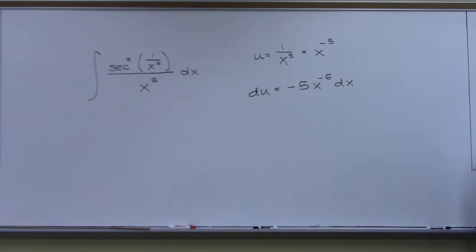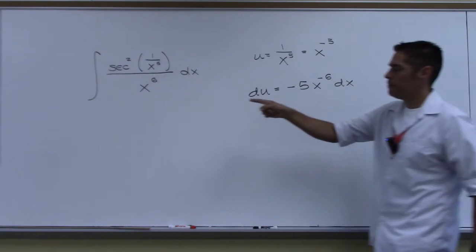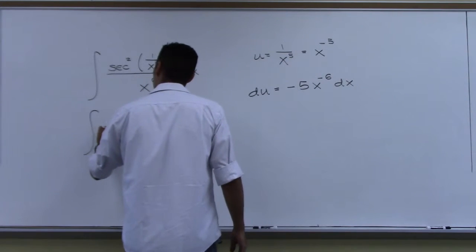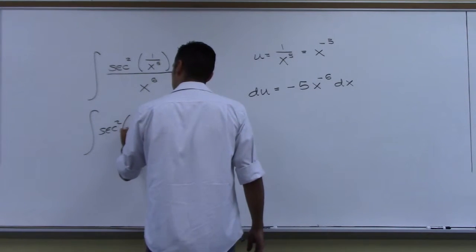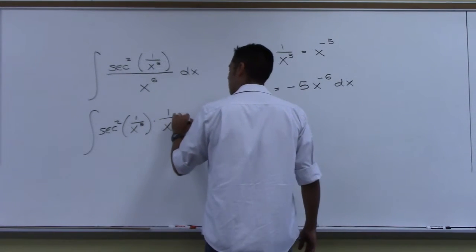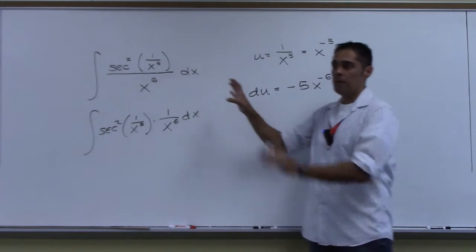Do you have that anywhere? x to the 6th on the bottom, right? This is the same as secant squared of 1 over x to the 5th times 1 over x to the 6th dx. That's what that really means if I peel it apart.